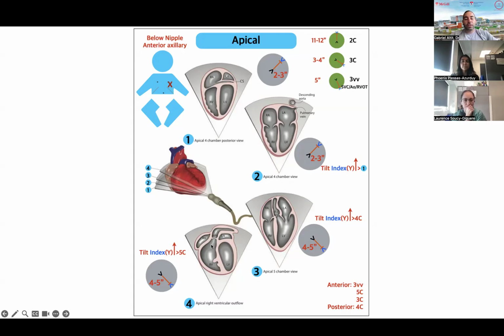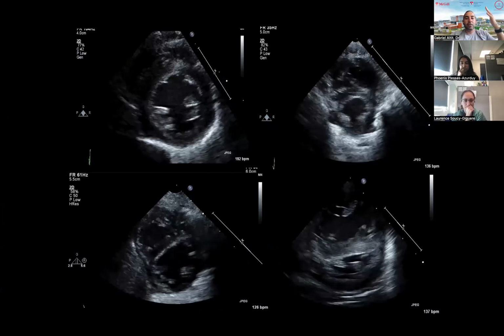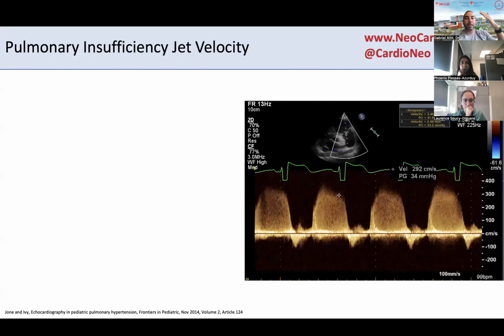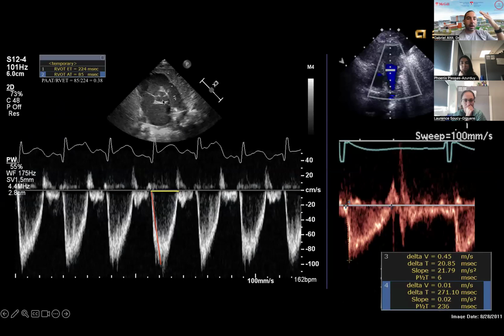But as you go anteriorly, you can see your MPA, and you can usually appreciate that your MPA is actually coming more from the left side compared to the aorta. If you remember from your short axis, your aorta in the normal configuration is coming off the right side compared to the pulmonary artery.